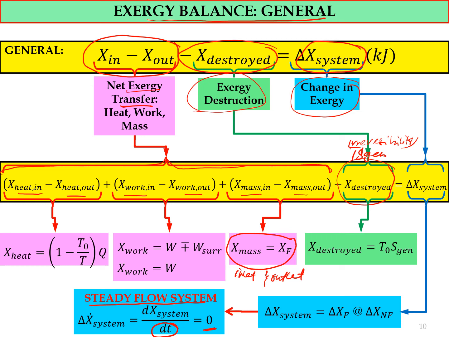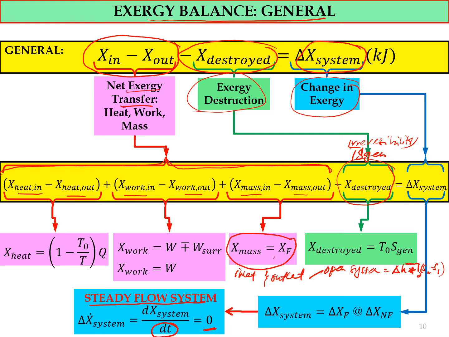The equation that we saw before related to enthalpy change, for an example for an open system, becomes enthalpy change minus T naught times S2 minus S1, if we neglect kinetic energy and potential energy. This is not plus, but this is minus.